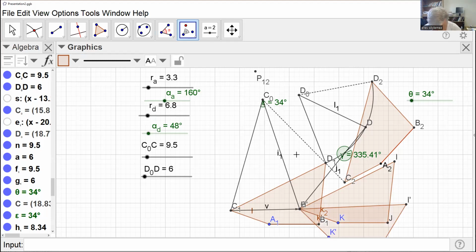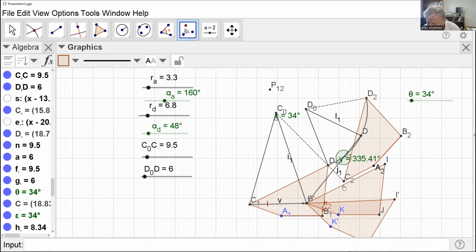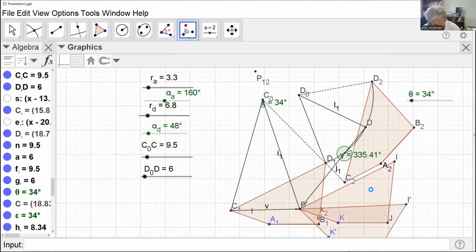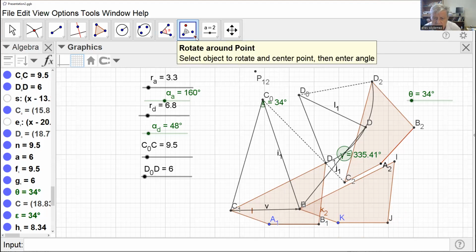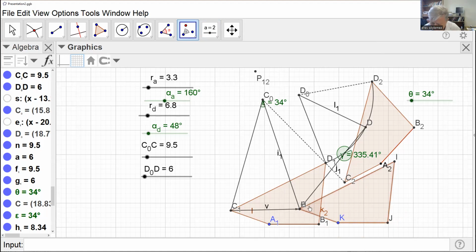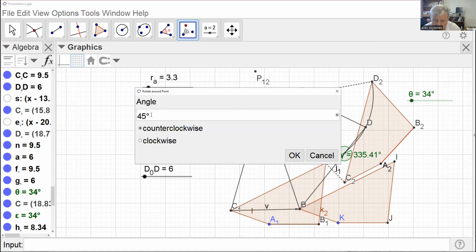No. The gamma angle, yes, it didn't rotate by the angle gamma. Oh, minus gamma. Let me try that. Yes.